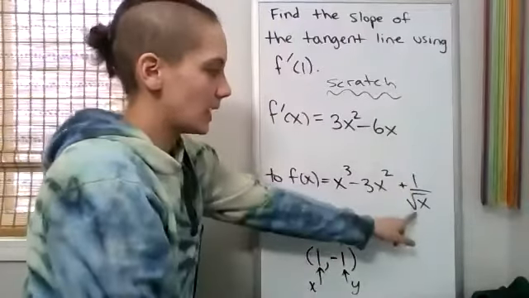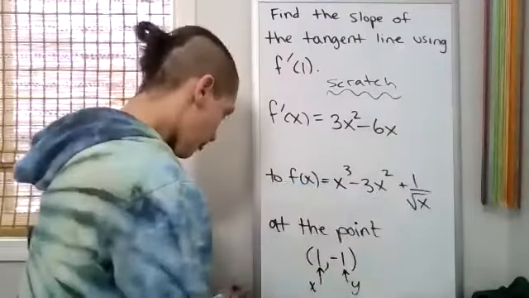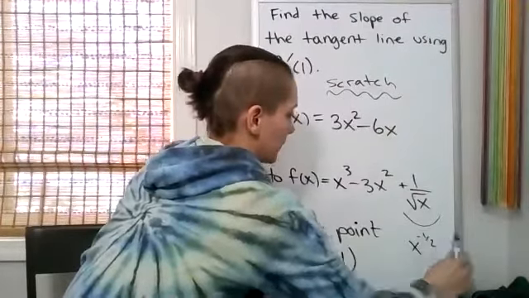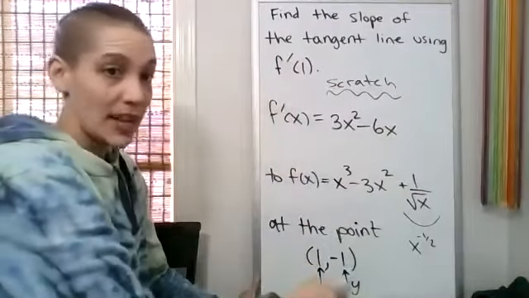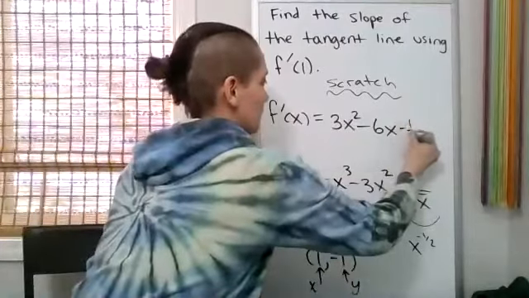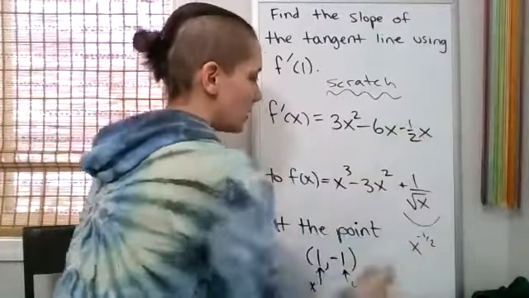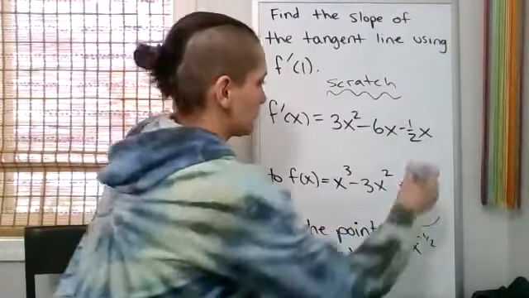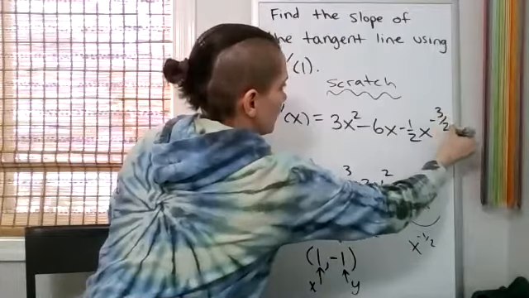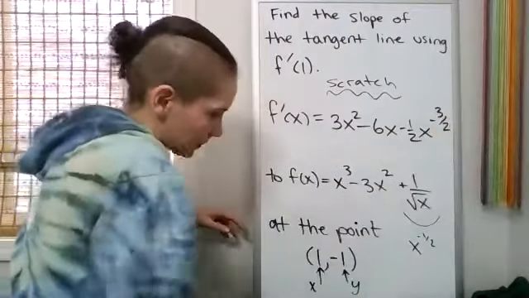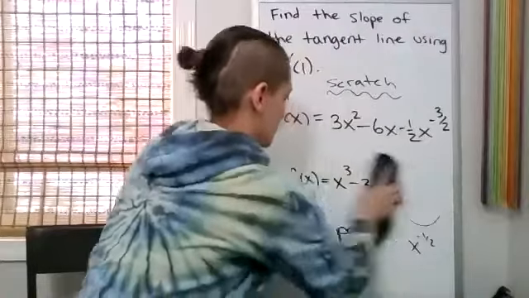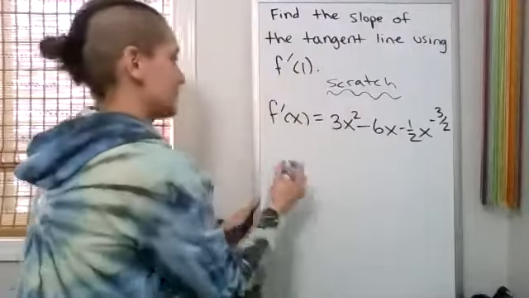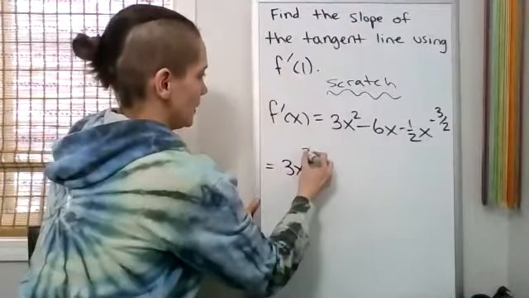And this is a x to the negative 1/2, so we want to subtract 1/2 x to the negative 3/2. Just writing this a little nicer.